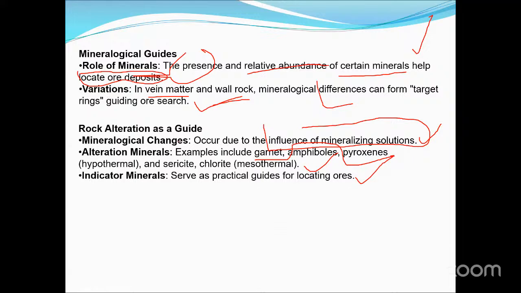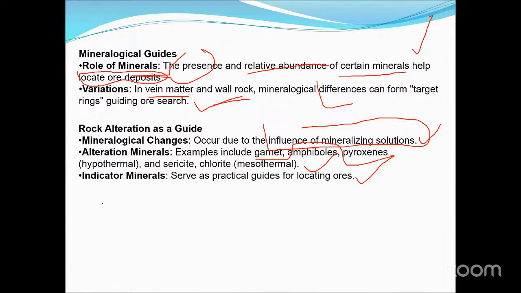And rock alteration is also one of the guides for ore deposit searching or locating. Mineralogical changes occur due to the influence of mineralizing solutions, and alteration minerals, for example garnet, amphibolite, pyroxene, sericite and chlorite, are the alteration minerals.